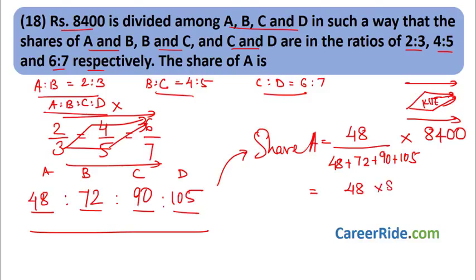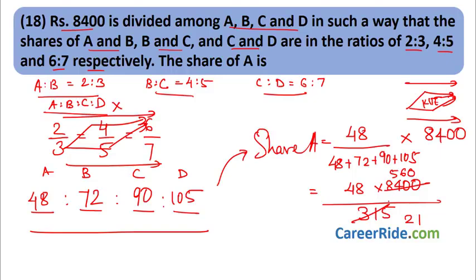What you will get over here? 48 into 8400 divided by 72 plus 48 is 120, 120 plus 90 is 210 and 105 is 315. Okay, 315 is over here. So let us calculate what the value might be. You will have 15 5s are 75, 15 6s are 90, 560 over here.